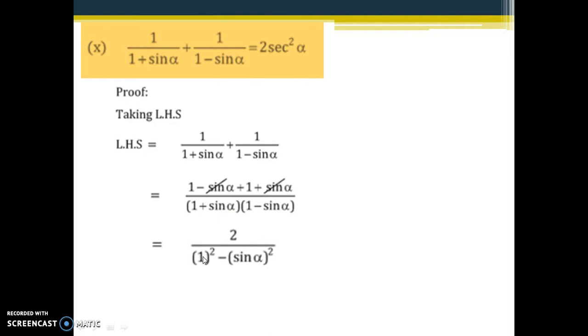So I have written 1 square minus sine square alpha. So 2 upon 1 square minus sine square alpha is equal to 2 upon 1 minus sine square alpha. And what is 1 minus sine square alpha equal to?